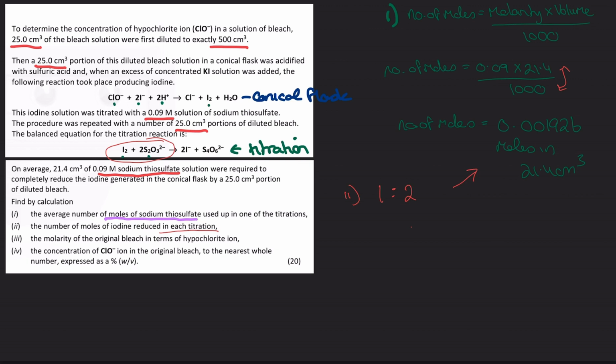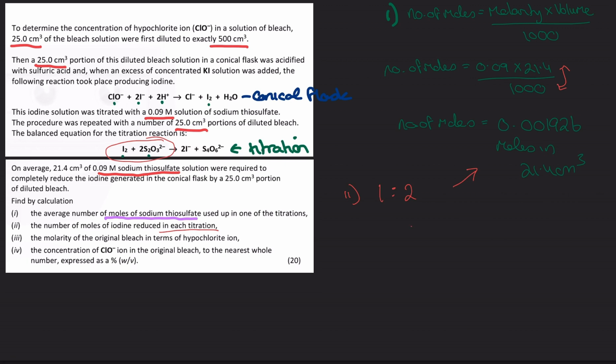To get how many moles of iodine, we'd half that, because the number of moles that reacted was 1 in terms of the ratio. So we need to take this and just divide it by 2 to get how many moles of iodine were present in that titration. And we should get 0.000963 moles of iodine.